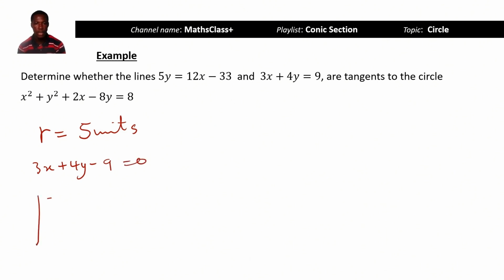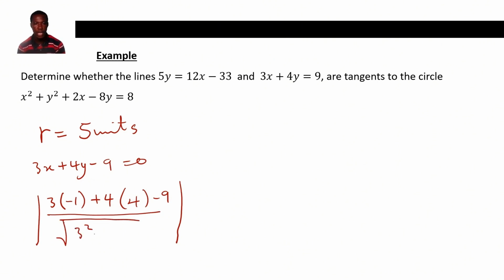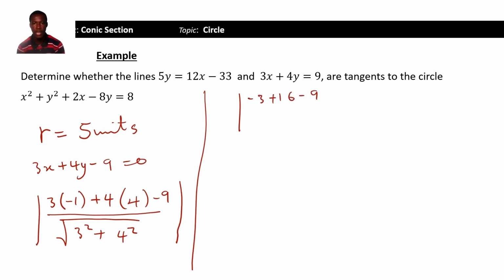And when I substitute, I'm getting 3 into brackets negative 1 plus 4 into brackets 4 minus 9. And I'm dividing this by root of 3 squared plus 4 squared. So I have negative 3 plus 16 minus 9 divided by 9 plus 16, root of 25.